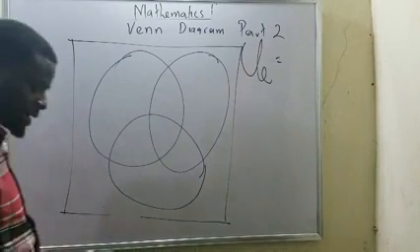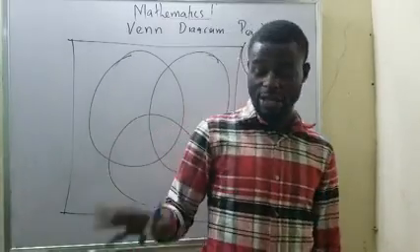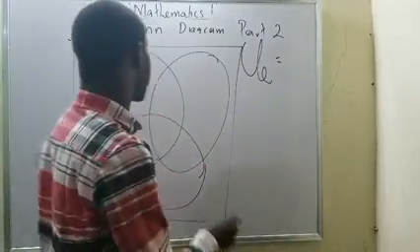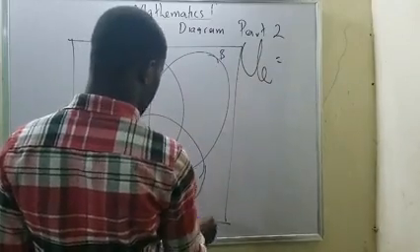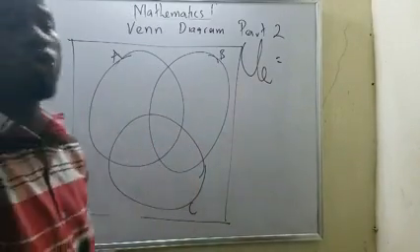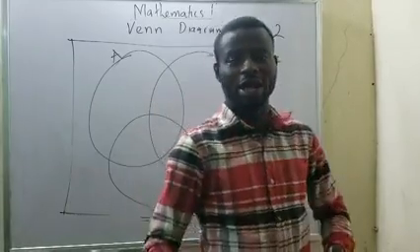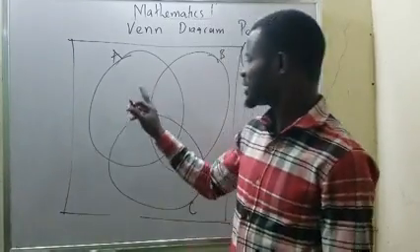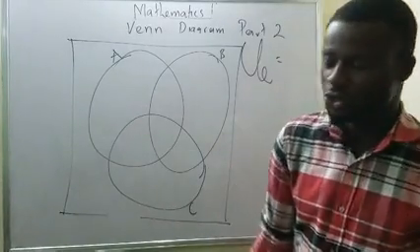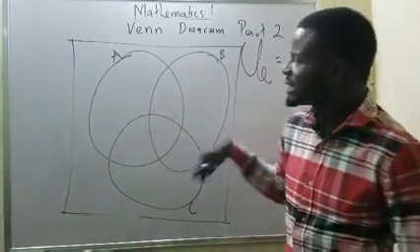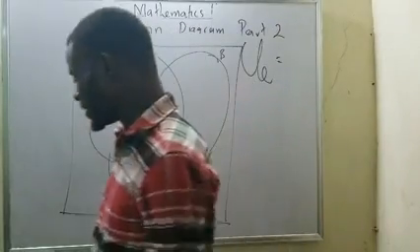This time I'm not talking about A and B, I'll be talking about class A, class B, class C, and they are all in a school. The universal set is the school, because we have class A, class B, class C, all inside the tutorial center. That is what I mean by three sets.